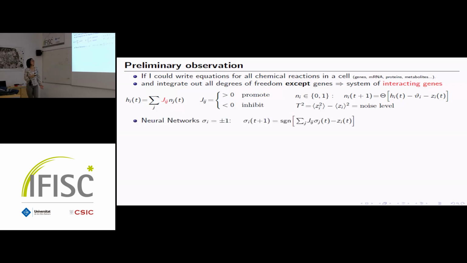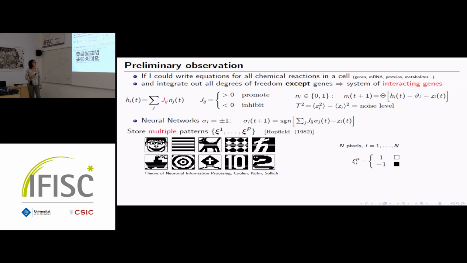Now, neural networks have been modeled for many years, since Rosenblatt, pretty much in the same way. Here, the convention is normally to use neurons as Ising variables, plus or minus 1. So there is a sign function rather than a step function. But it's basically expressed in a similar form. And it is well known since the Hopfield model that one can store P patterns in this network. Think, for example, of a visual pattern.